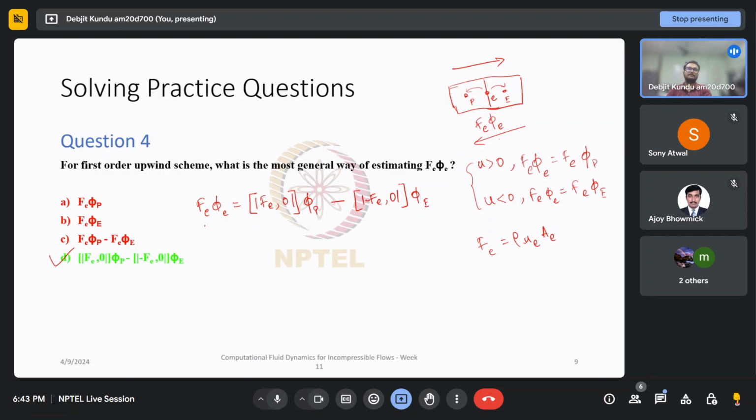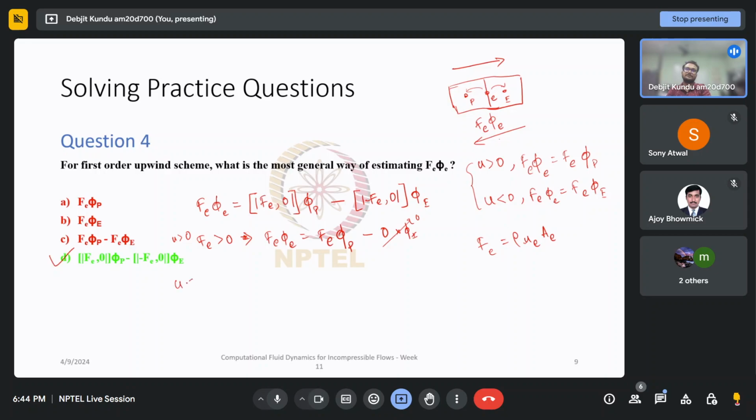So let's have a look at the two situations. If Fe is greater than 0, meaning U is greater than 0, this would then mean that Fe phi E would be equal to Fe phi P minus 0 into phi E. So this term won't be there.